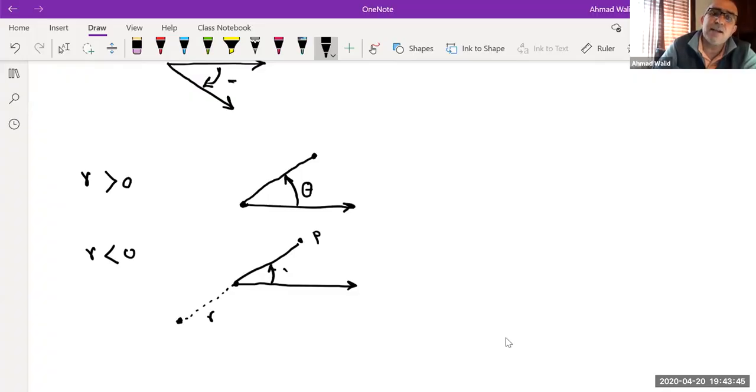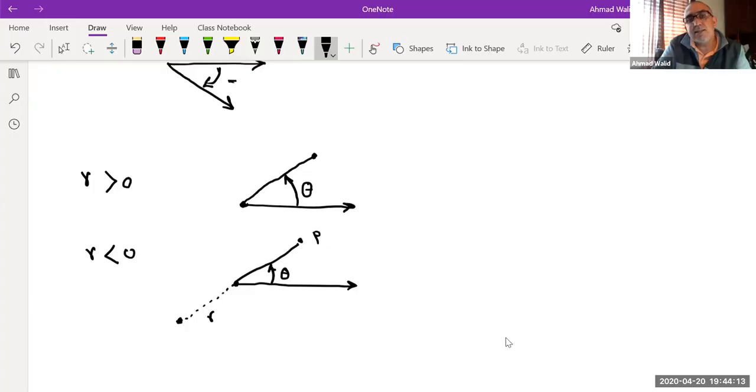Again, maybe your angle is positive, correct? These are the basics. Now I'll do a few examples. This is a very, very basic lecture on how to deal with the polar coordinate system. One more thing that you see here, I am using an arrow, but here I close it.